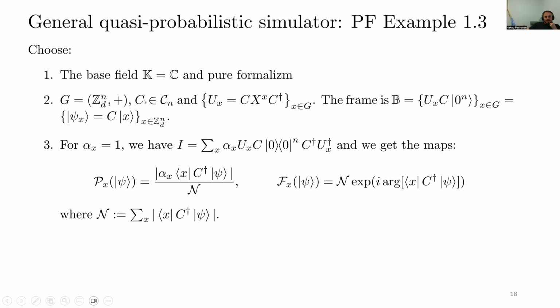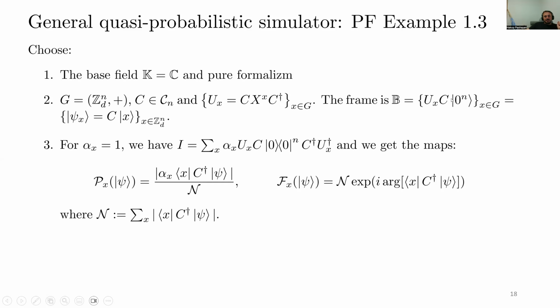And again, this choice C is not going to be fixed throughout the simulation. We could vary it gate by gate. We're going to set our unitaries to be these Pauli X strings conjugated by C. So it's just a basis change.